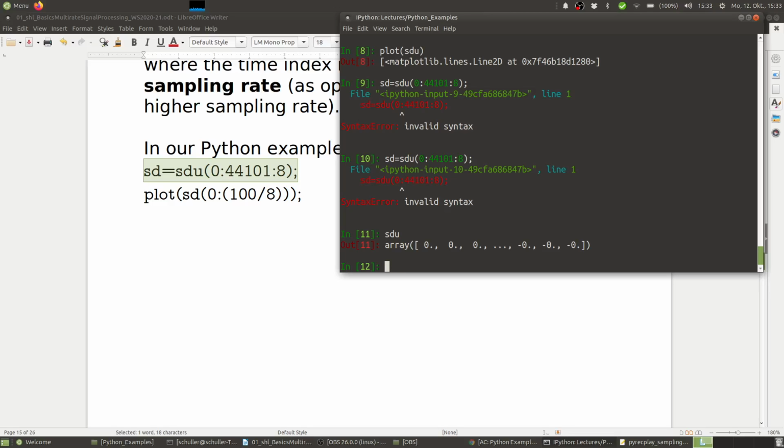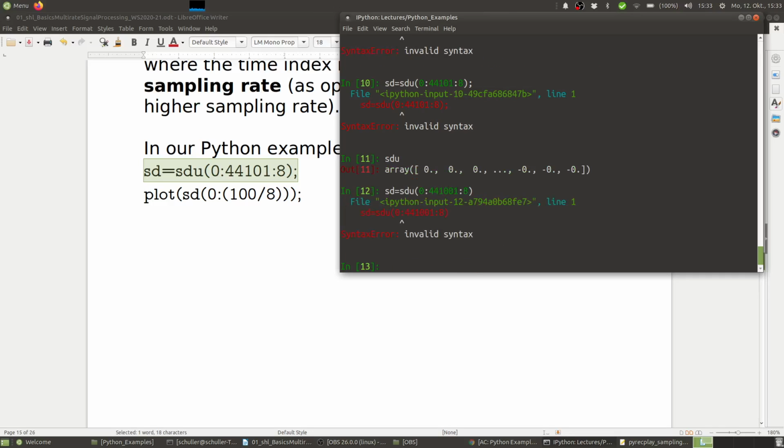Let me type it, that's safer. SD equals, oh yeah, I think the equal sign was a problem. SDU of 0 colon 0 colon 44,101 to get the last sample in steps of 8. No, that's strange.